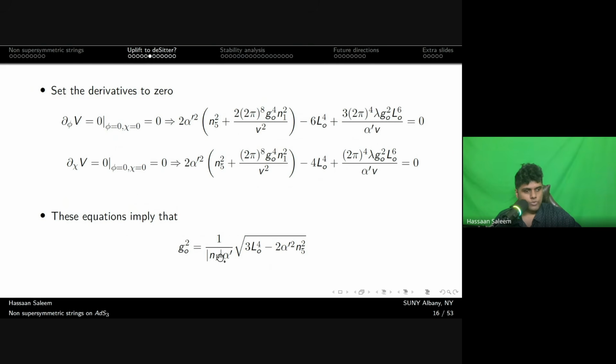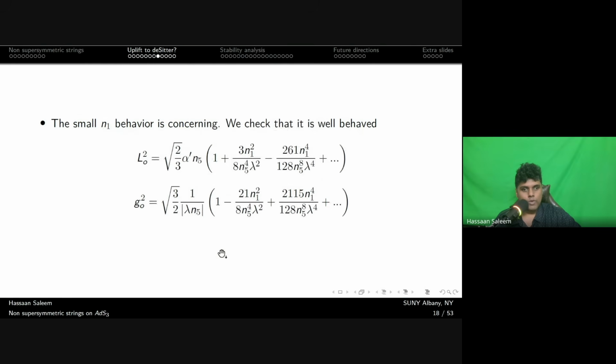So what can we do to ensure that? We can study the small N1 behavior of GO and LO. When we do that, we get these two series in N1 squared, right? And you can see that when N1 goes to 0, the limits are perfectly fine. Neither GO diverges nor LO diverges. So small N1 behavior is fine.